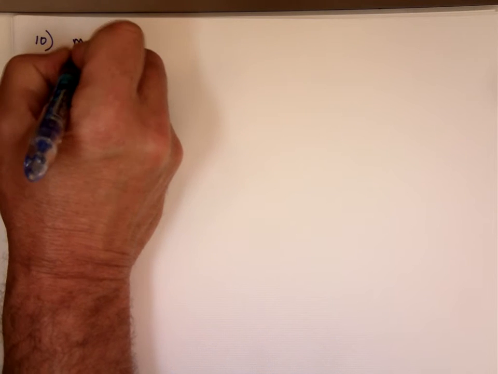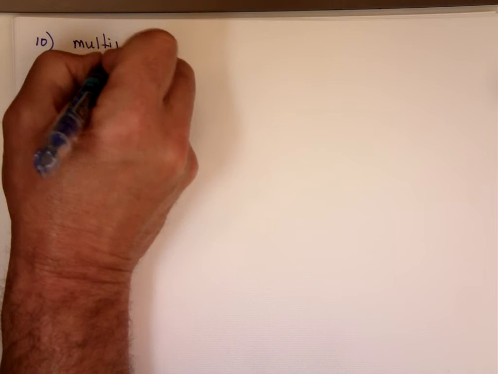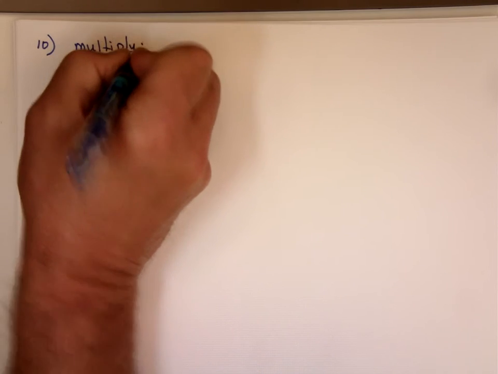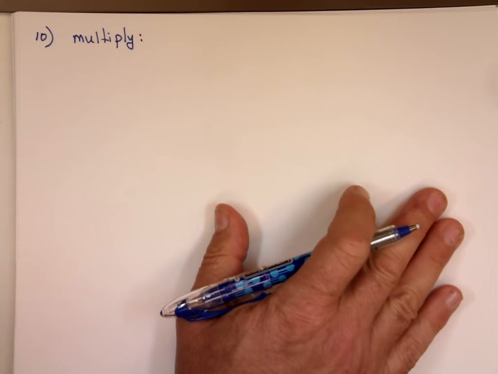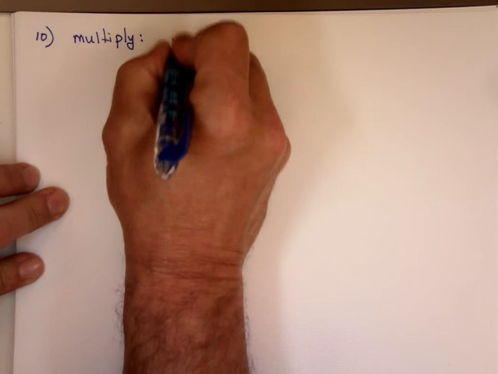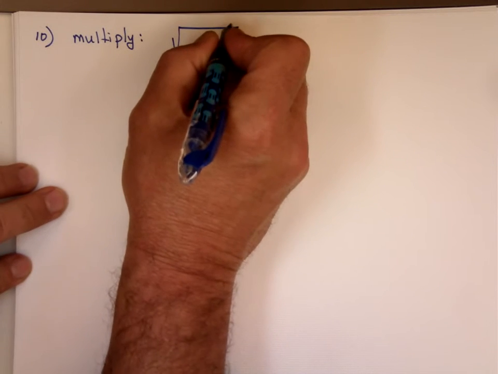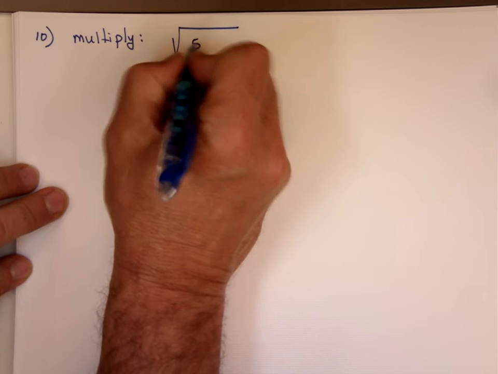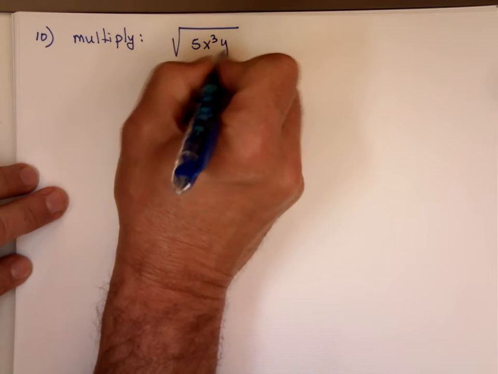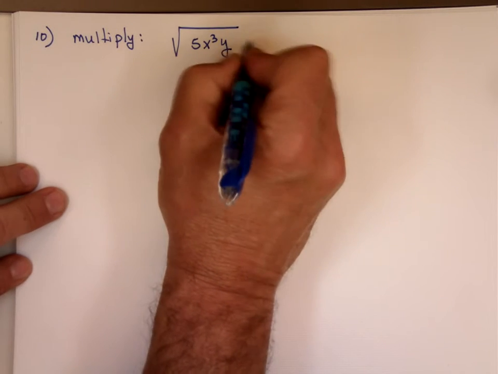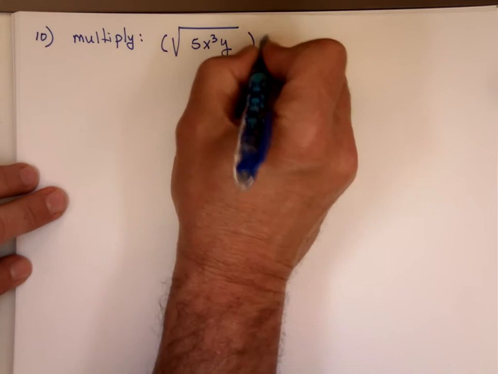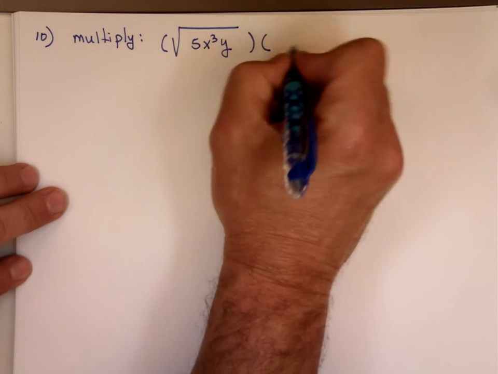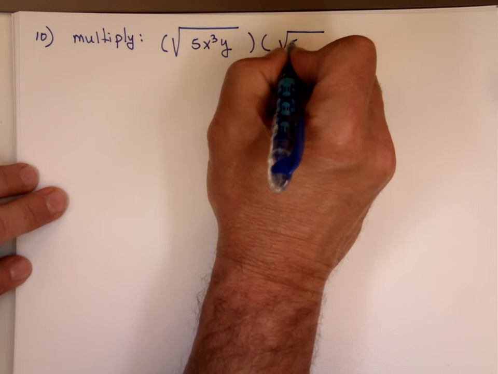Multiply and simplify. Even if it doesn't say simplify, if it just says multiply, you still have to simplify. Five x to the third y times 5x squared y.